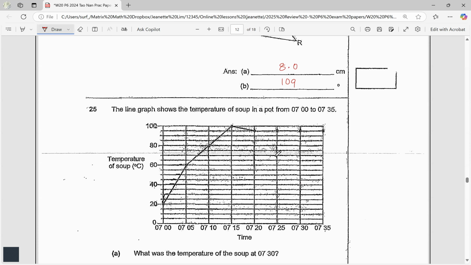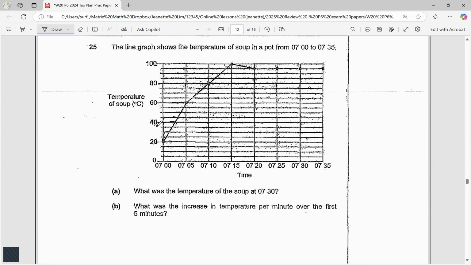Question 25. This is a line graph. It shows the temperature of soup in a pot from 7 a.m. to 7:35 a.m. What was the temperature of soup at 7:30? It's not very clear here, but after 7:20 it becomes a straight line. So at 7:30, the temperature, let's see, 1, 2, 3, 4 intervals.